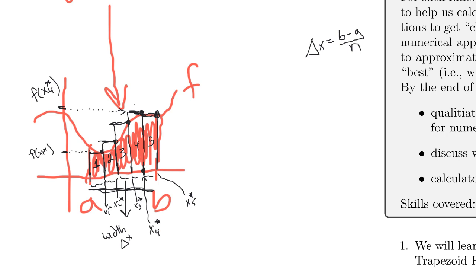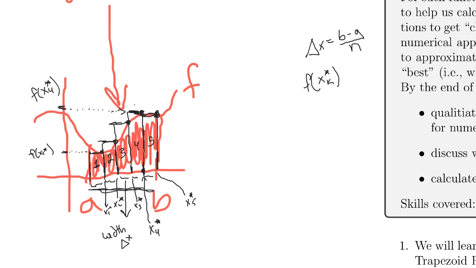So we would have our widths. We would have all of our heights, those are our f of x sub 1 star, 2 star, 3 star, 4 star, and 5 star. So I will call these x sub k star. And then we would multiply the height times the width to give us the area, and then we would sum all of those up.